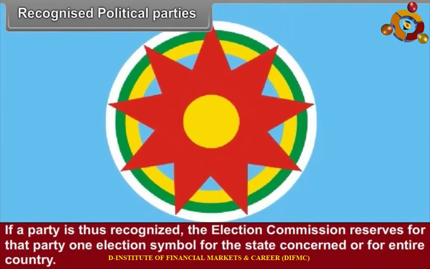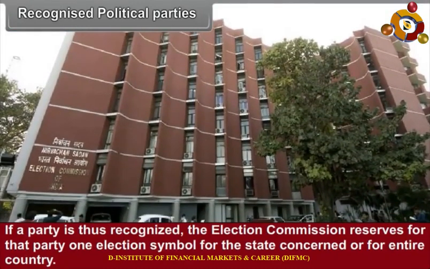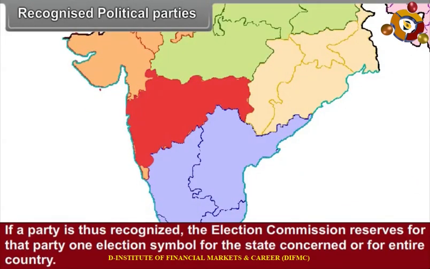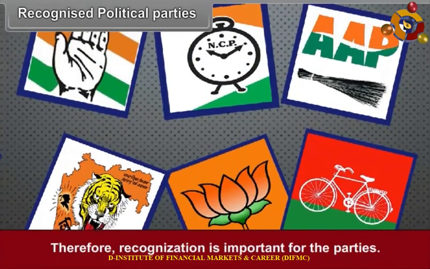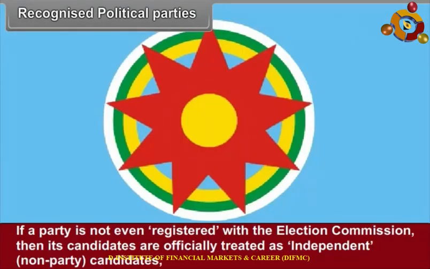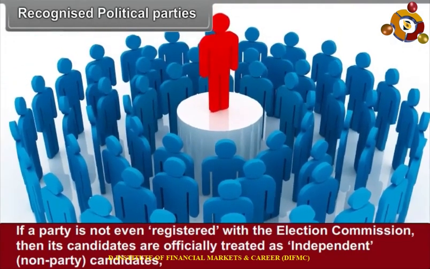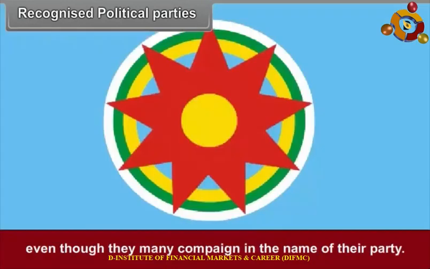If a party is thus recognized, the Election Commission reserves for that party one election symbol for the state concerned or for the entire country. Therefore, recognition is important for the parties. If a party is not even registered with the Election Commission, then its candidates are officially treated as independent or non-party candidates, even though they may campaign in the name of their party.